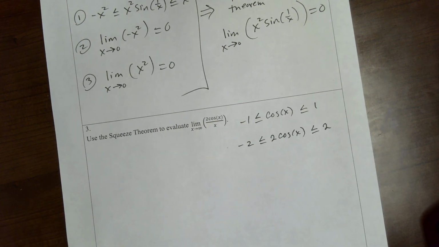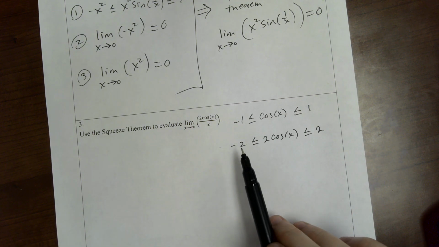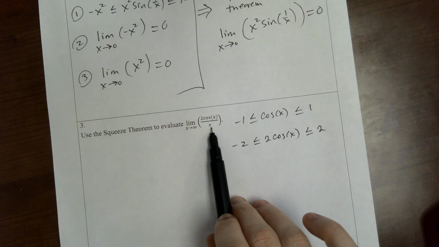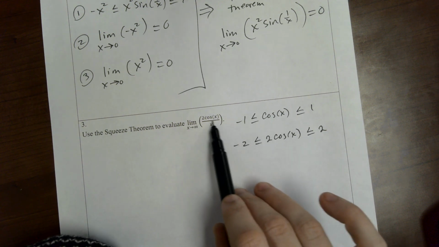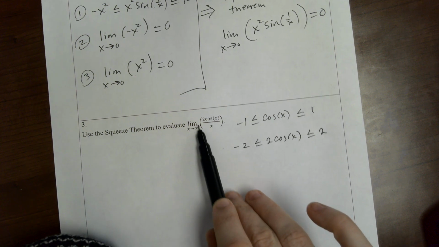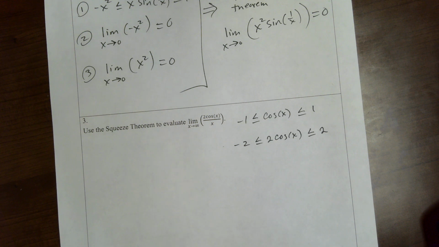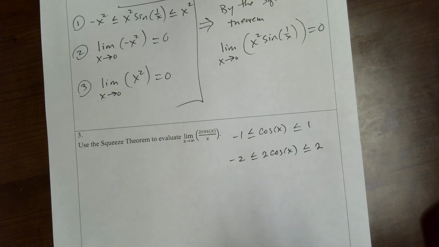Now I can divide every piece by x, and in the middle I will have what I've got here. I said earlier that if you are multiplying or dividing by a negative, the inequality signs flip.